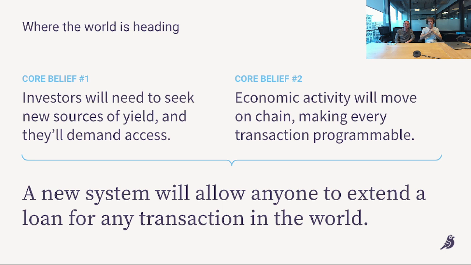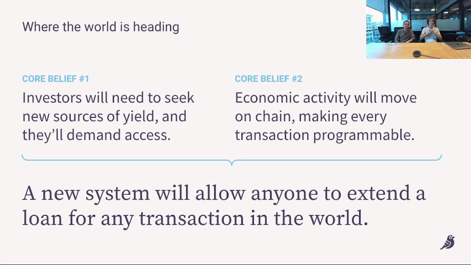It wouldn't be just the really huge banks that could provide credit towards these individual transactions, but anybody could. Anyone could basically be a lender towards these transactions, even a smart contract. For this to happen, there needs to be some kind of marketplace and organizing mechanism that allows all of this activity to take place. And this is ultimately what we're trying to build here with Goldfinch: a marketplace that can organize all of this activity.